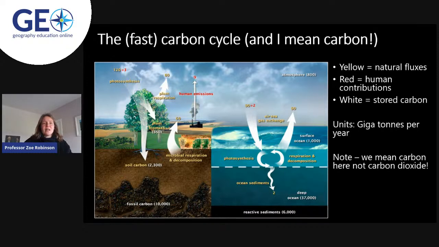And that also has an impact in terms of, actually, it increases the carbon being taken up by photosynthesis, because actually plants, they love carbon. And so some plants will be photosynthesizing better as a result of increased carbon dioxide in the atmosphere. And we also see an increase in the carbon dioxide going into the oceans.